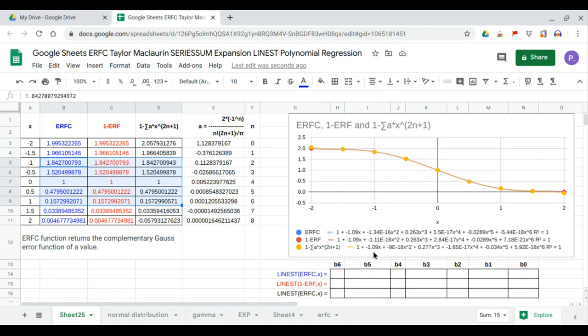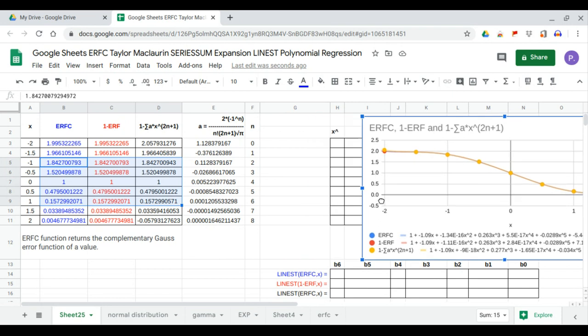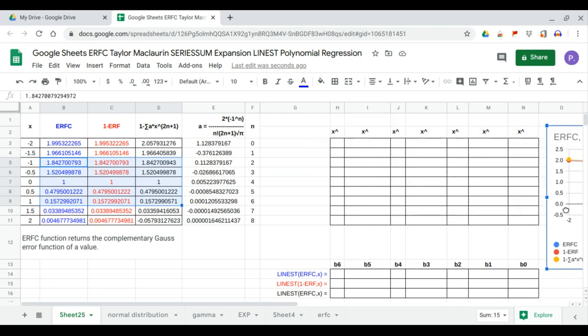We calculate these regression coefficients and compare this with the expansion coefficients. To do that, we will complete the 1 comma x matrix. So it will be x to the power 0, x to the power 1, x squared, x cubed, until x to the power 6. So we enter the power.